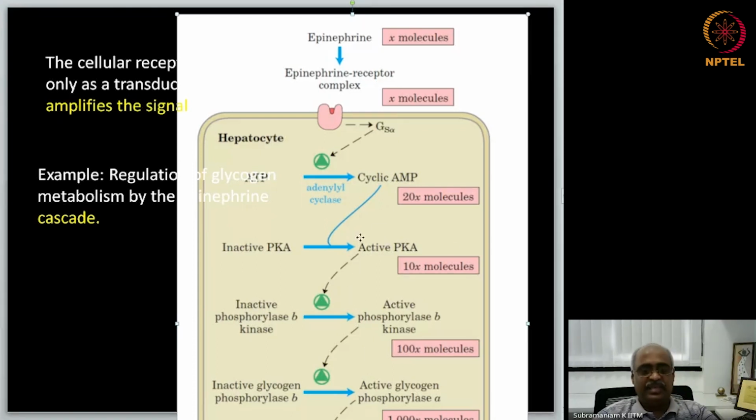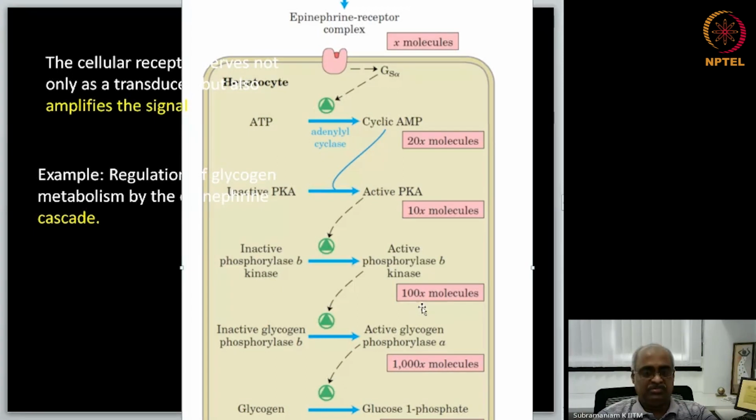So there, let us say 100 molecules are done, and each one of them go and activate the next enzyme in that. So this is phosphorylase kinase, meaning the phosphorylase enzyme is phosphorylated by this, and by that it becomes active.